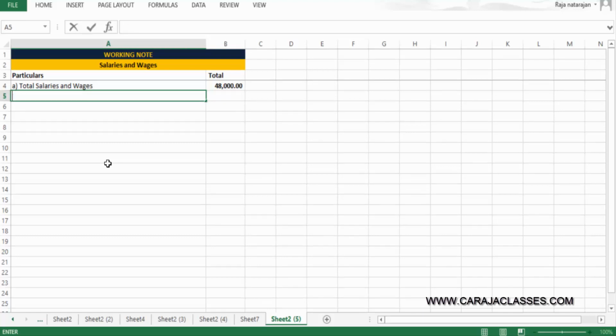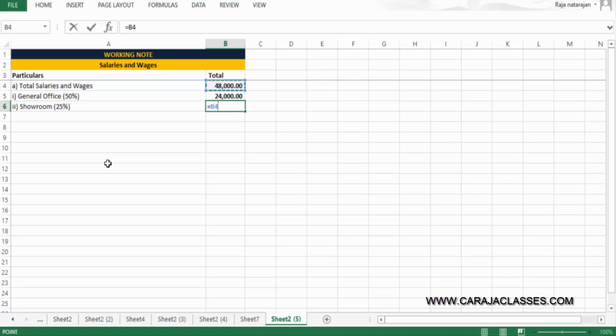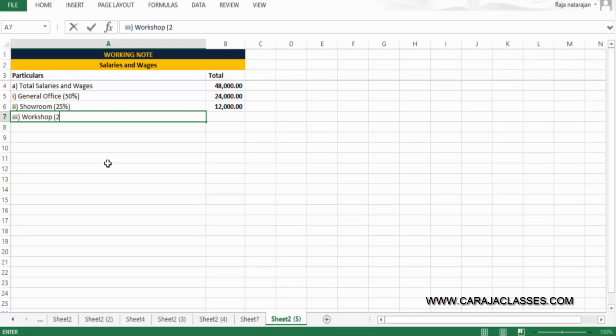Number 1, it is for general office and it works out to 50%. So 48,000 into 50%, 24,000. Number 2, it goes for showroom and it is 25%, so 48,000 into 0.25. And number 3, it is for workshop and that is also 25%.